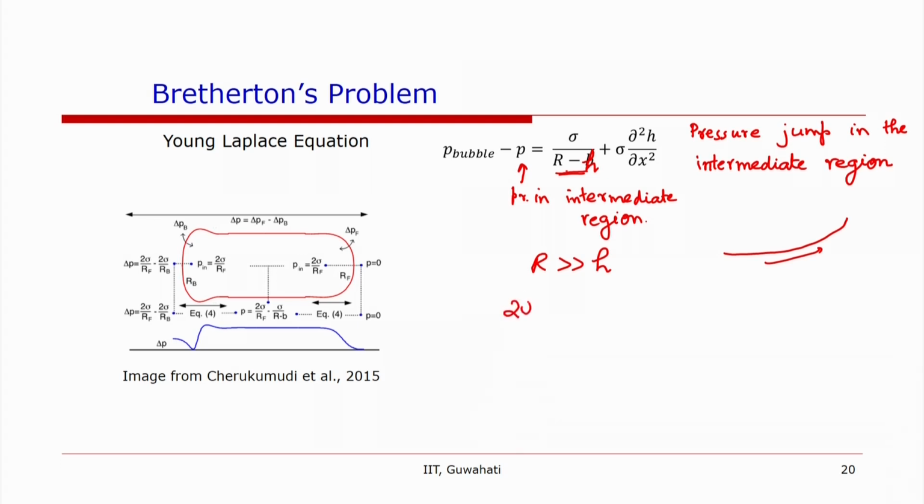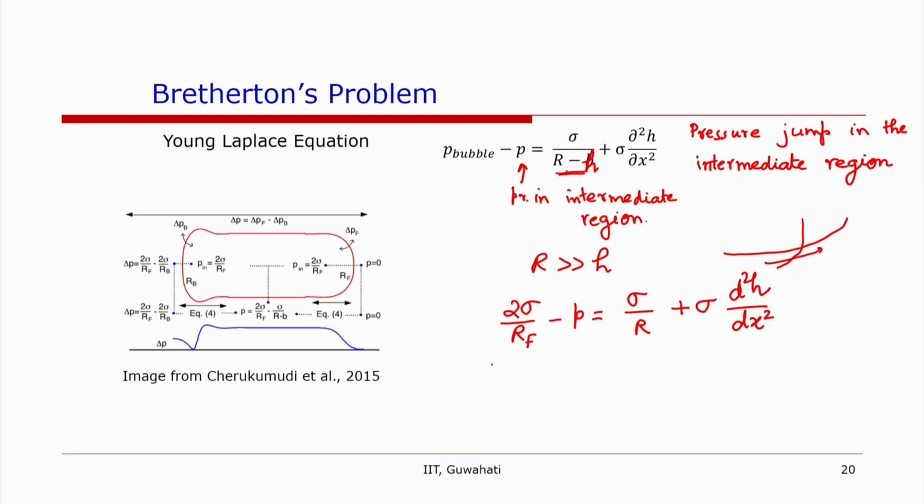2 sigma over r f minus p equal to sigma over r plus sigma d2h over dx2. The other radius of curvature, this radius of curvature can be approximated as d2h by dx2, and the other radius of curvature normal to it is sigma over r minus h, which we have approximated as sigma over r.